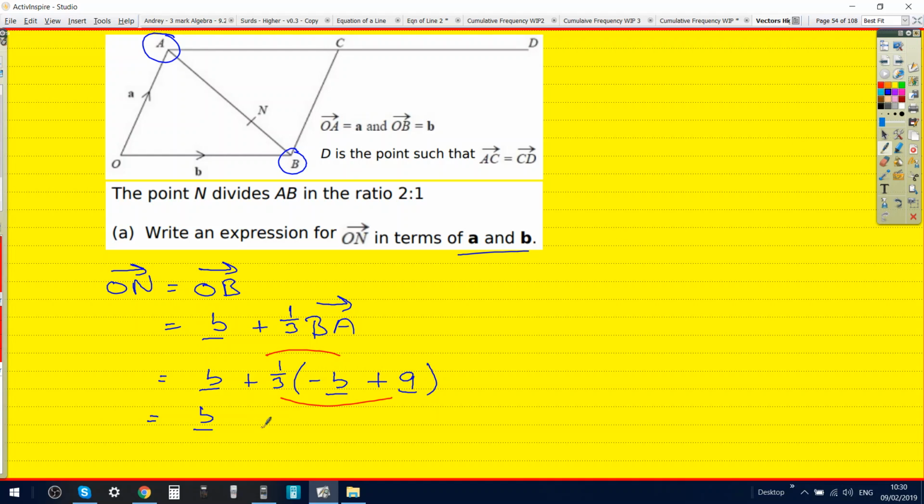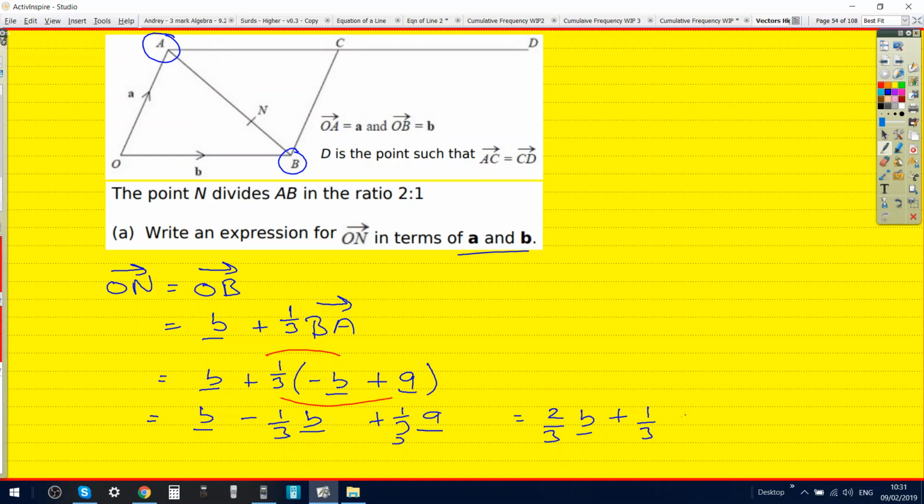Plus 1/3 of minus B. Okay. And plus 1/3 of A. So plus 1/3 A. Oh, would it be plus minus 1/3 of B? Yeah. And so final answer. So would it be 2/3 of B plus 1/3 of A?